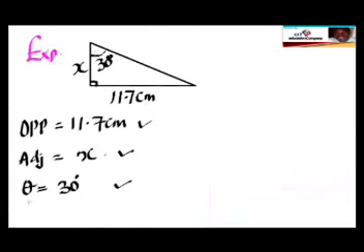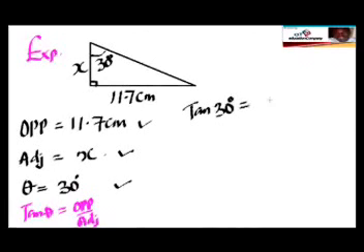So in this case we are using tan theta is equal to opposite over adjacent, and that will be tan 30 degrees is equal to opposite, which is 11.7 centimeter, over adjacent, which is x.